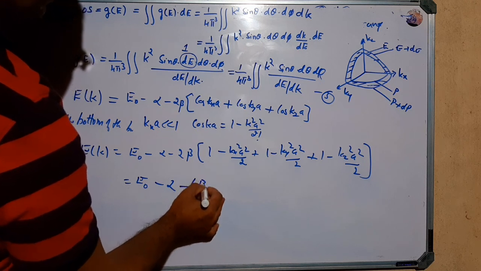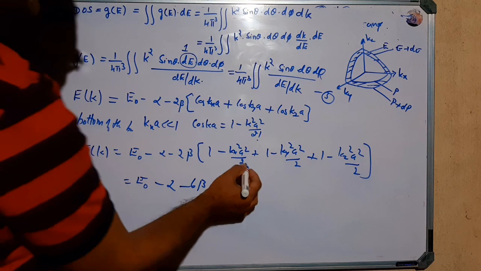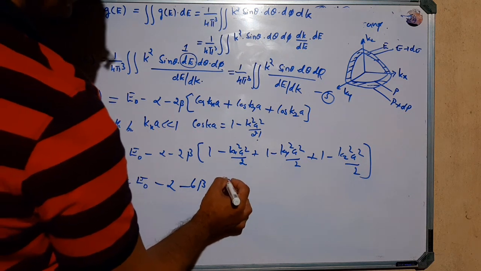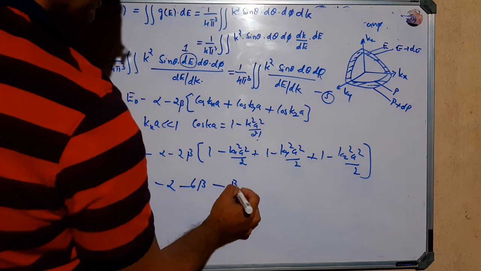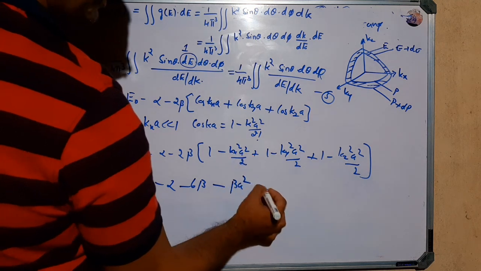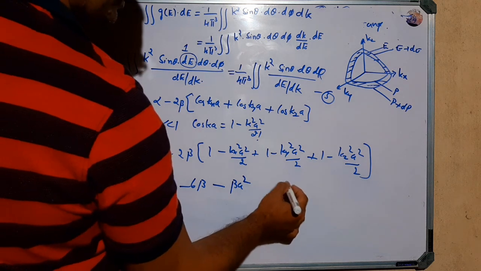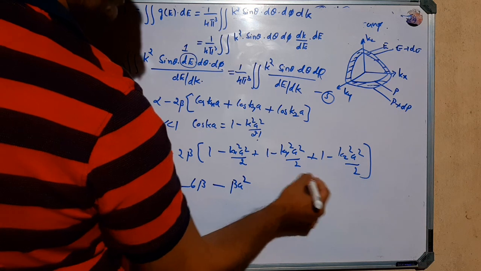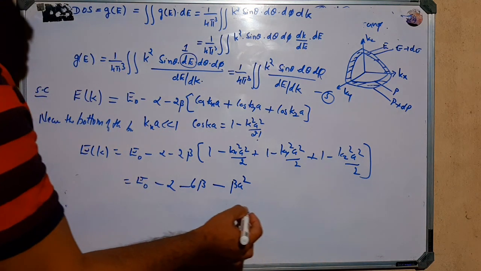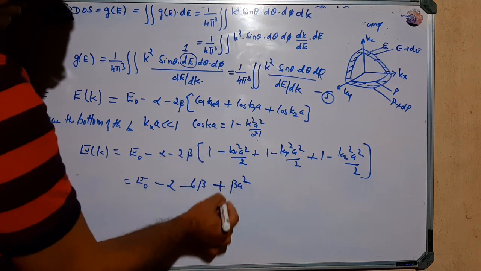Then multiplying, the minus 2 gets cancelled, and remaining is beta a square into kx square, similarly beta a square into ky square and beta a square into kz square. Minus into minus becomes plus.